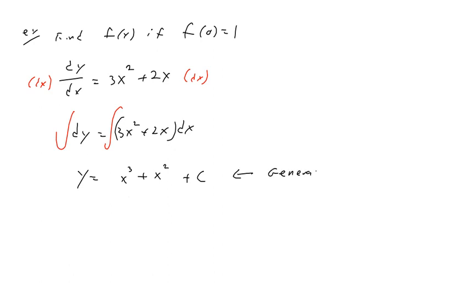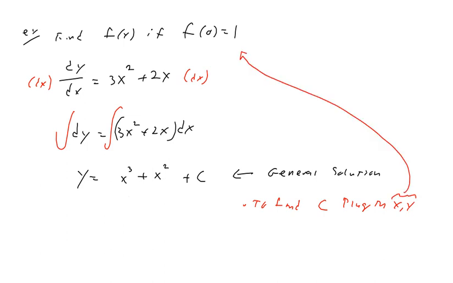To find c, plug in x and y. We had x and y listed here. So now I have an initial condition. I know that the location of this point is (0, 1).